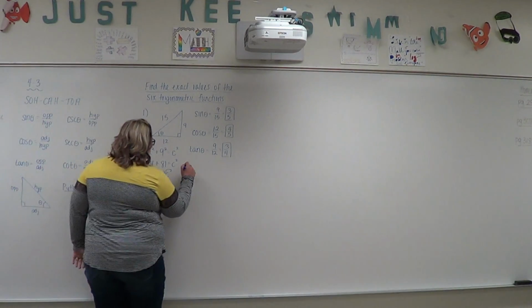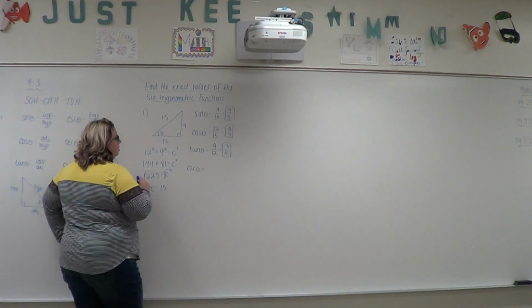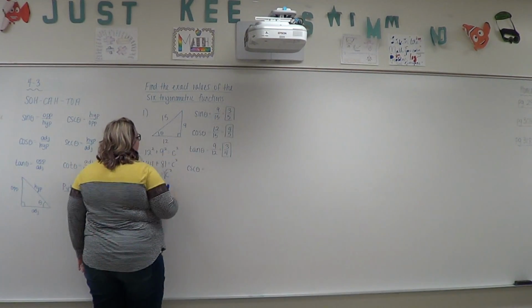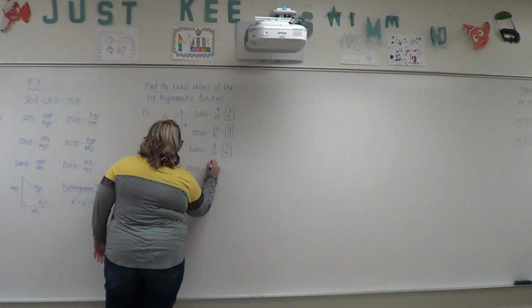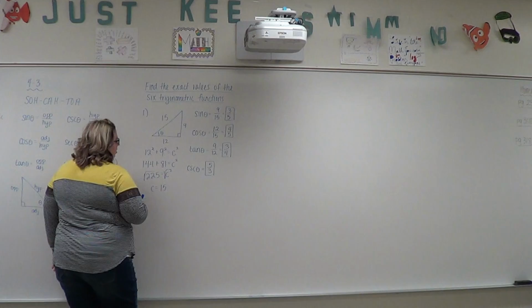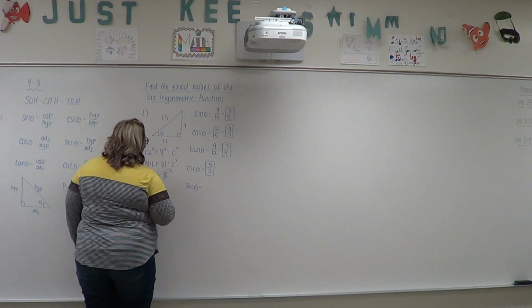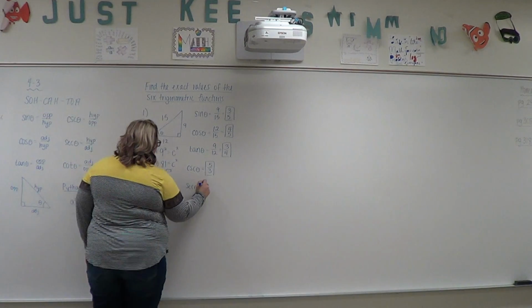So cosecant is the reciprocal of sine. So if sine is 3 over 5, that means cosecant would be 5/3. So what would secant be? It's the reciprocal of cosine. 5/4, good.